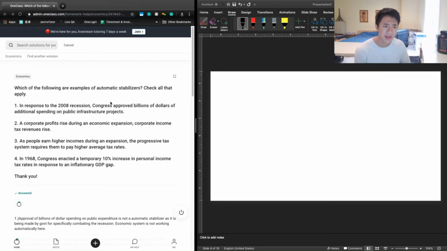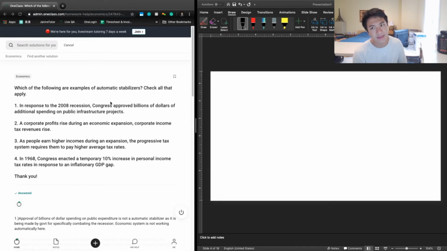Number two says a corporate profits rise, when corporate profits rise during economic expansion, corporate income tax revenue rises. And so is this an automatic stabilizer?